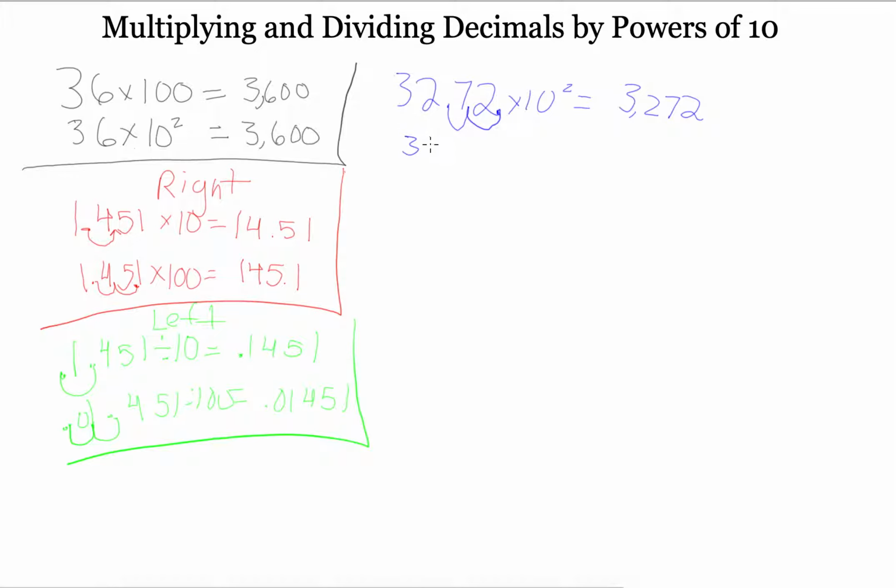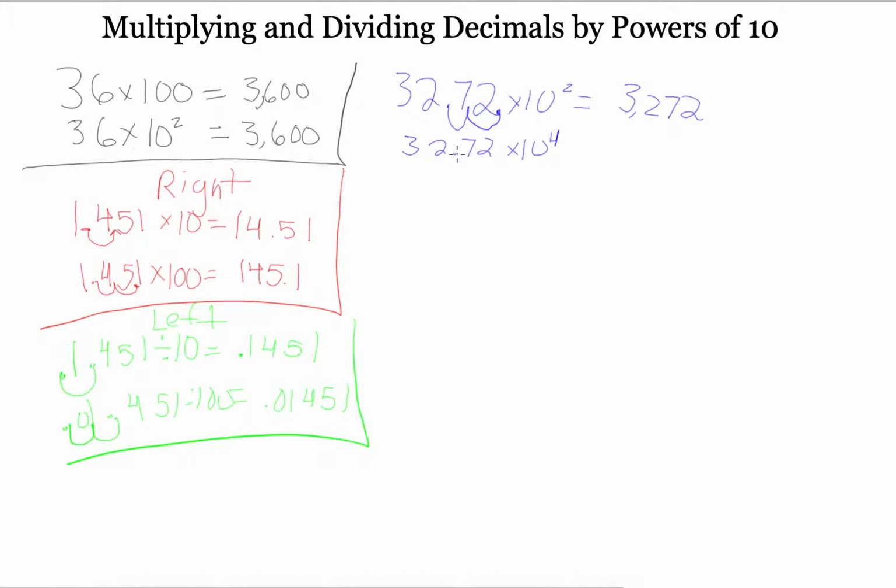So now let's get a little bit bigger. Let's do 32.72 times 10 to the 4th. So 10 to the 4th really is 10 times 10 times 10 times 10. So what you're doing is you keep moving that decimal point one place value bigger for every 10 that you have. And in this case, we have 4 10s.